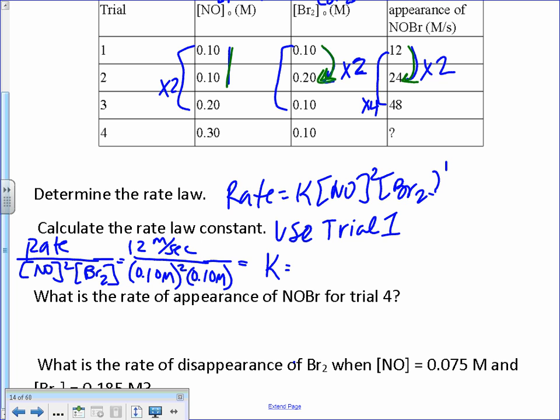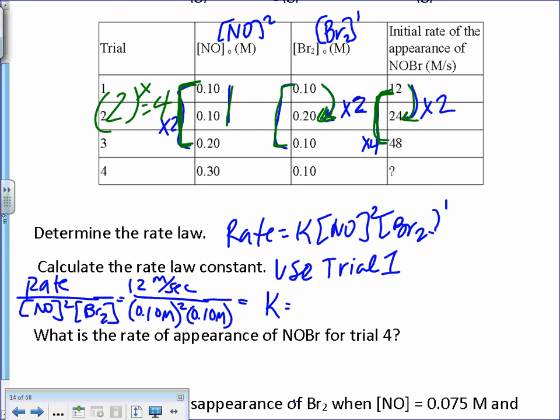And then for the second identification, I did trials 1 and 3, and I saw that nitrogen monoxide doubled, bromine was constant, and the rate quadrupled. So if you double and you get a quadruple rate, then that X has to be second order. So nitrogen monoxide was second order.